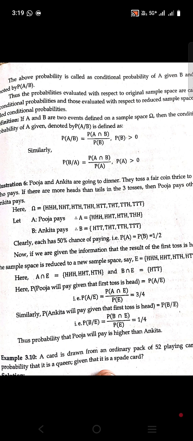Pooja will pay given the first toss is head, that is probability of A given E equal to probability of A intersection E divided by probability of E, that is 3 by 4.